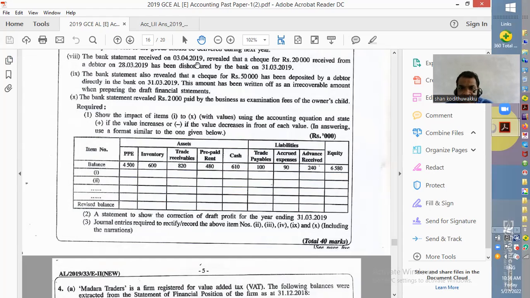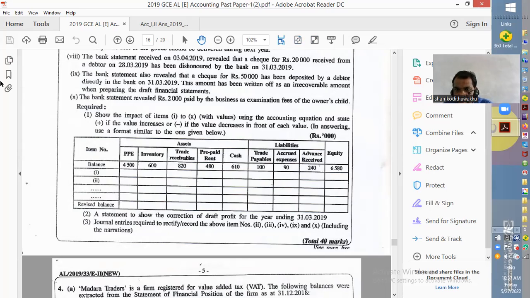Therefore, it will again increase customers' value. And also, there will be a decline in the value of the bank balance because it is not realized. If the check is dishonored, that means the bank doesn't credit the business account. And it will increase debtors' value by the same amount.